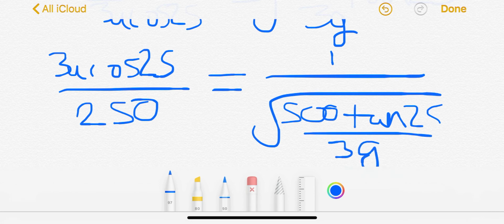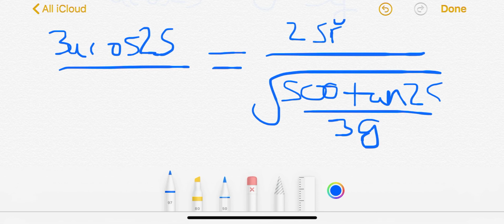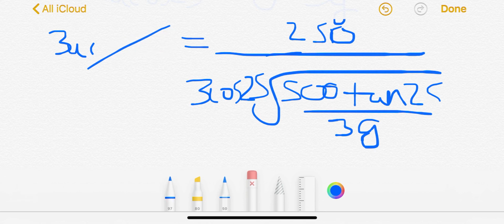Multiplying both sides by 250 and dividing both sides by 3 cos 25, we have 250 divided by 3 cos 25, multiplied by the square root of 500 tan 25 over 3g as our denominator.